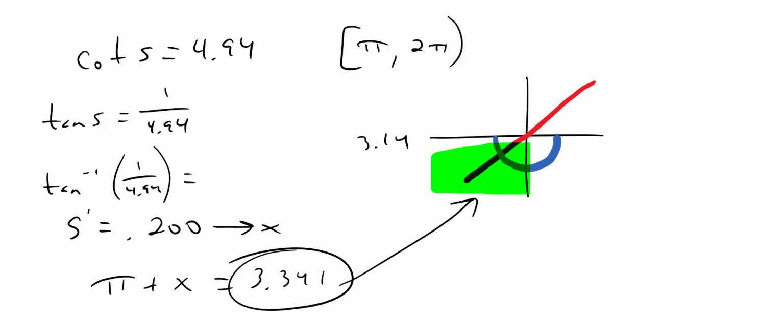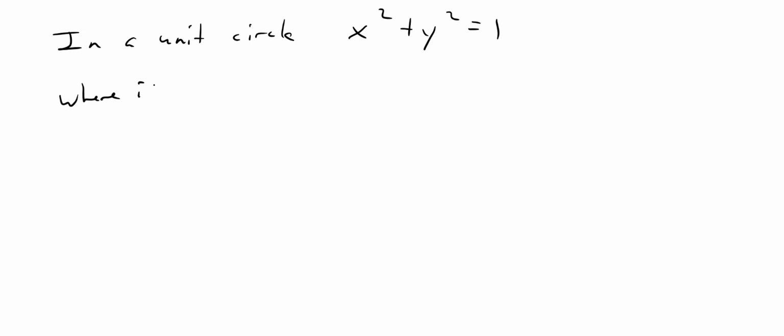Okay, so our last kind of problem that we're going to do is basically, and there's some different wording here, but if I said in a unit circle, so unit circle is a circle with a radius of 1, so let's draw one, x squared plus y squared equals 1. So if I give you unit circle and I say where is the arc length S equals 21 located? When I say that, I mean what quadrant?